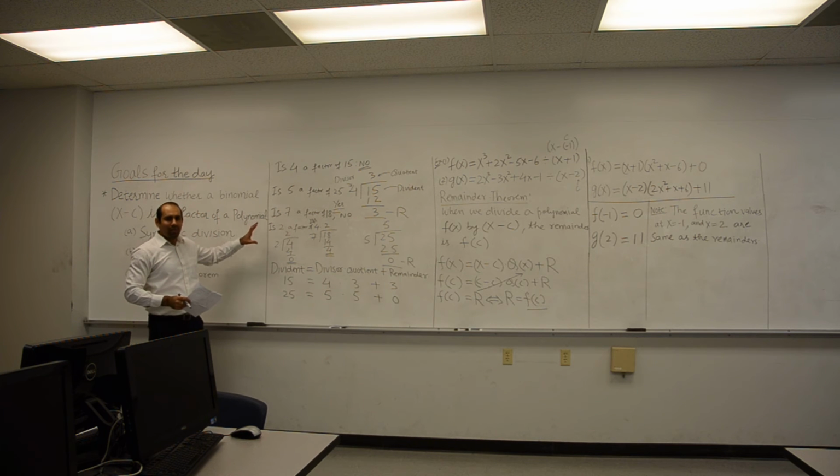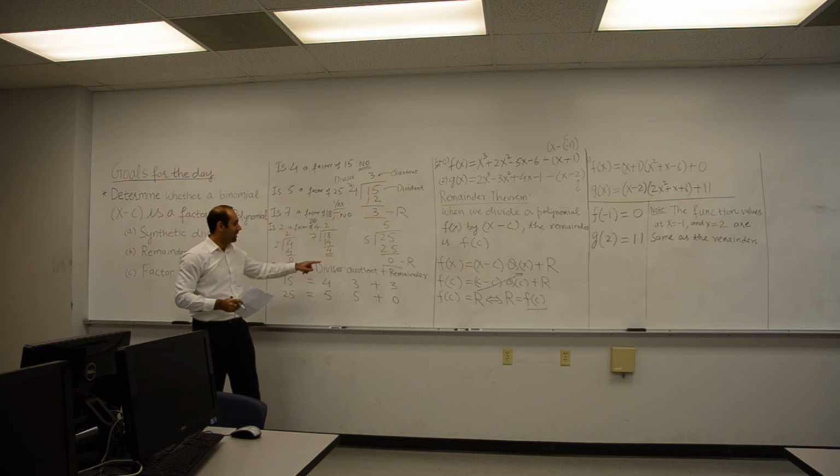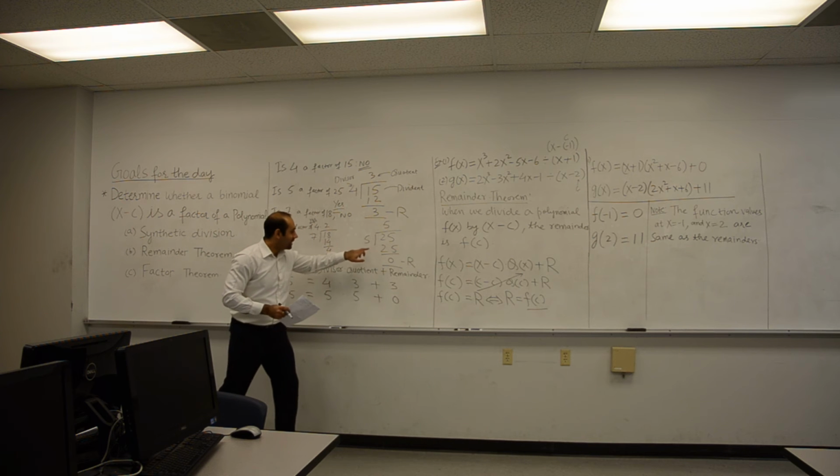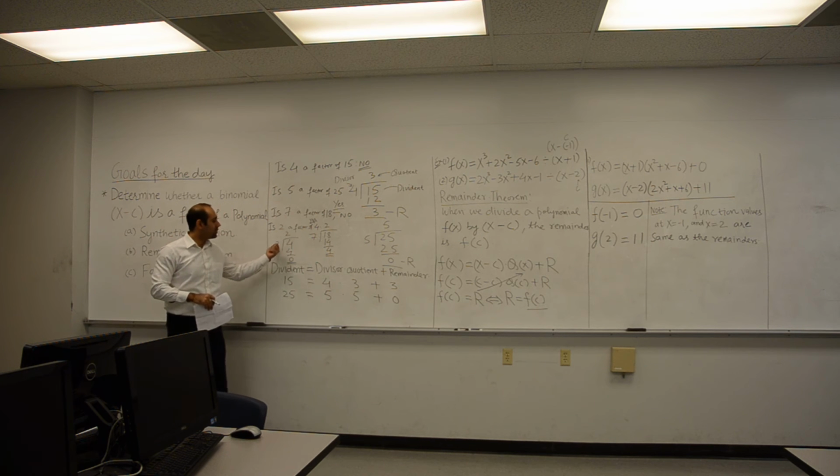So if we carefully look at the remainders, we would see that when the remainders are 0, like in these two cases, then this divisor is a factor. So 25 can be written as 5 times 5. Same thing with 4: 4 can be written as 2 times 2. And of course, the number 2 is a factor of 4, and 5 is a factor of 25.